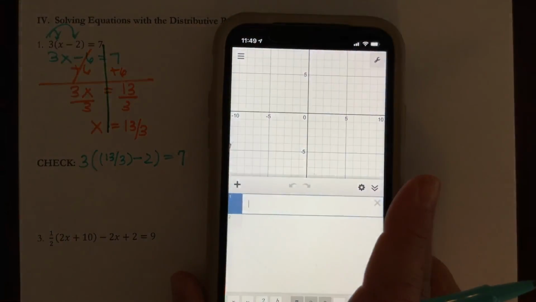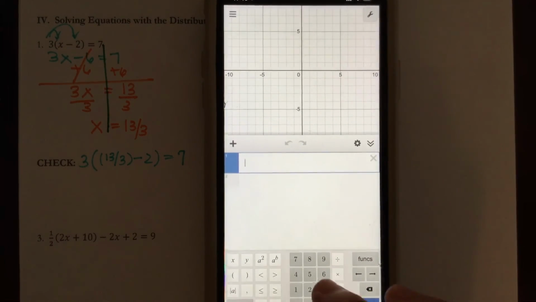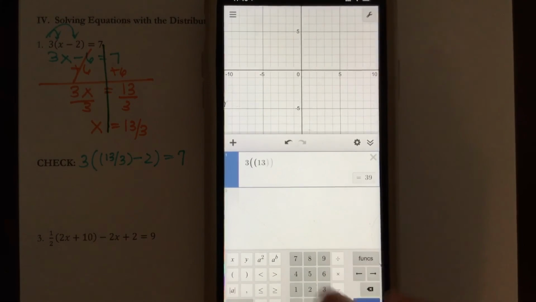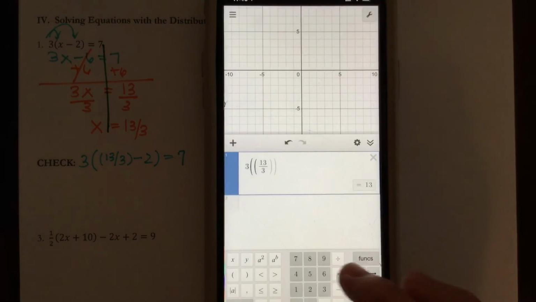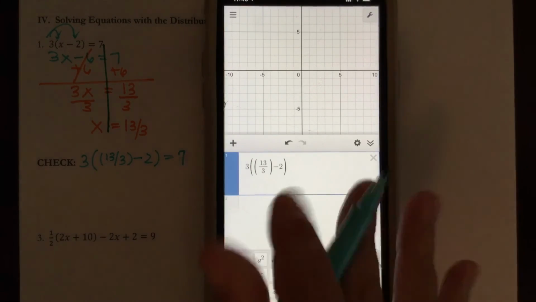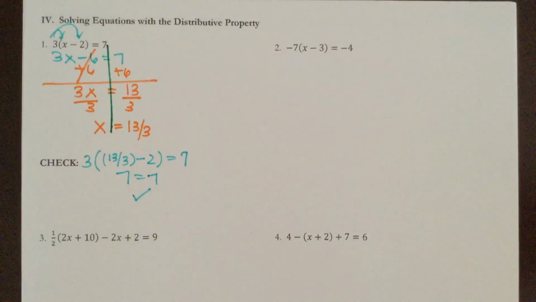You are welcome to use any sort of calculator to help you with this check. 3 times the fraction 13/3, and then we want to subtract 2 and close off that large parentheses. Notice that it says that that is equal to 7. That's what we wanted. 7 is equal to 7, and we check.